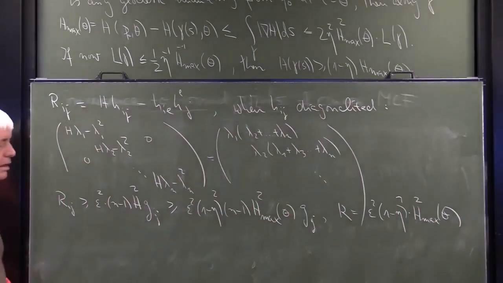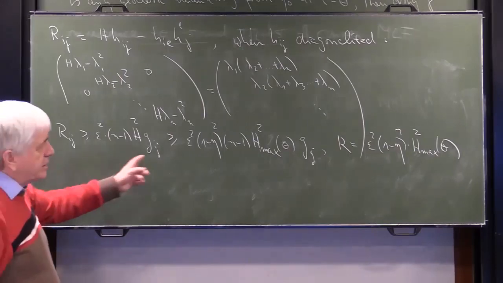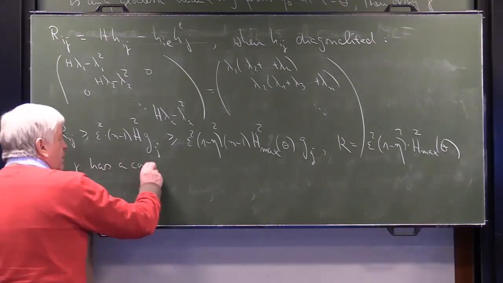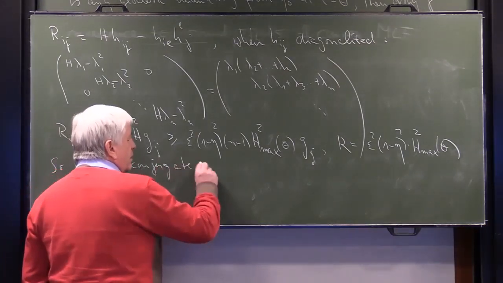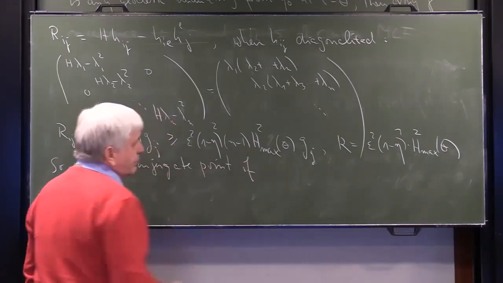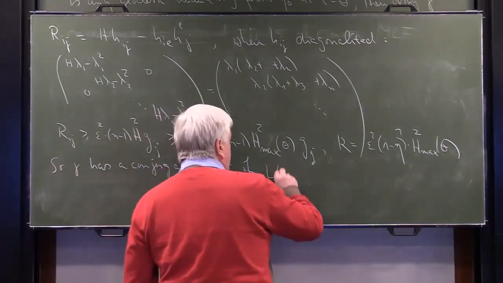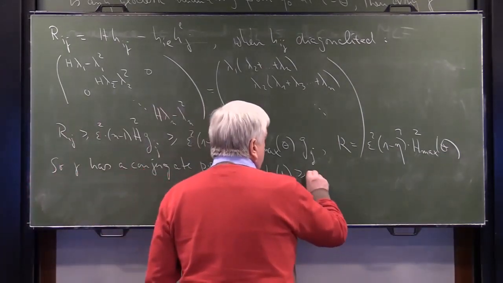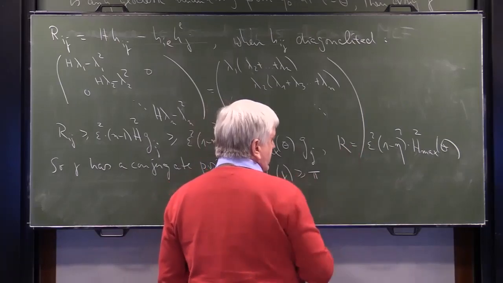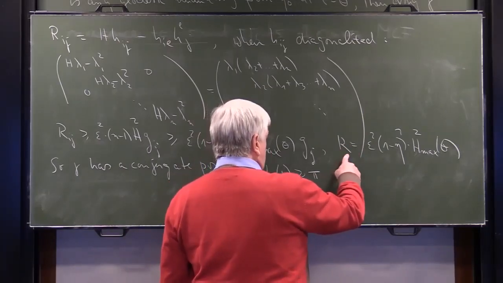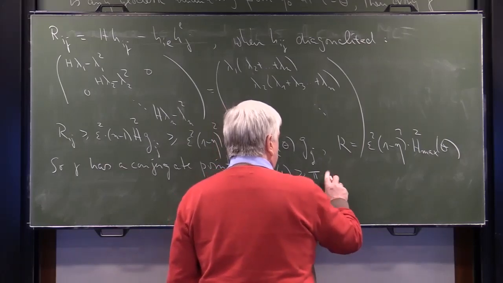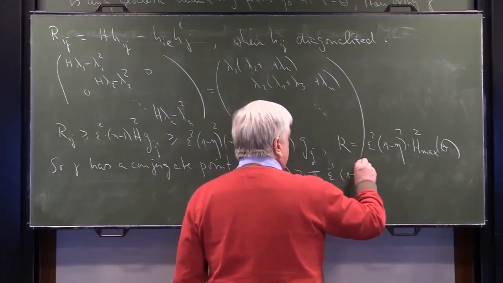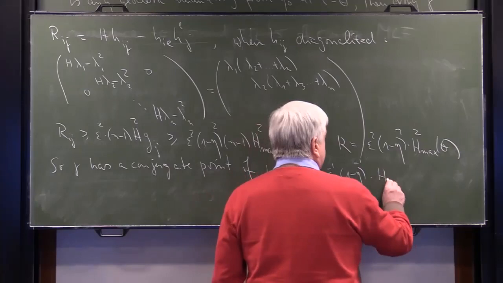So if we apply Meyer's theorem, we see that this geodesic gamma has a conjugate point if the length of gamma is greater or equal than pi times k to the minus 1/2. So this is pi times epsilon to the minus 1 times (1 minus eta) to the minus 1 times h max to the minus 1.